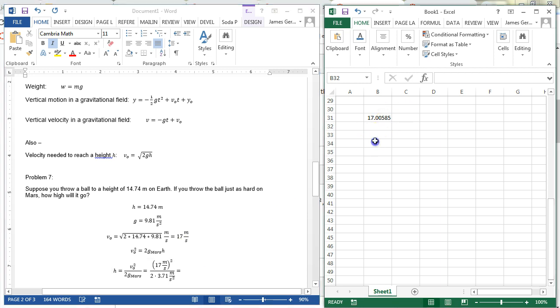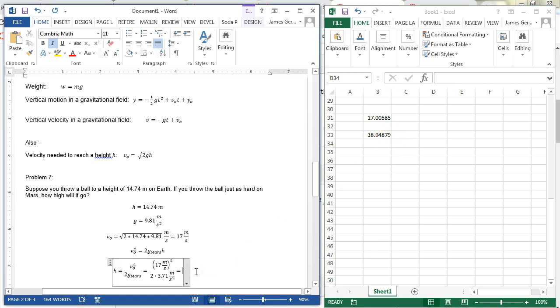Let's calculate this real quick. 17 squared divided by 2 times 3.71, and I get 38.95. We'll call it 39. 38.95 meters. And that's problem 7.